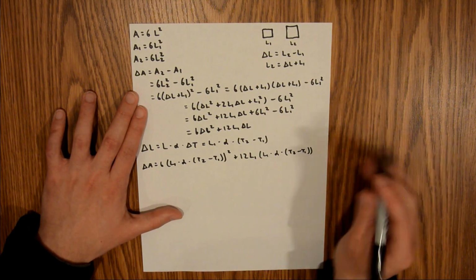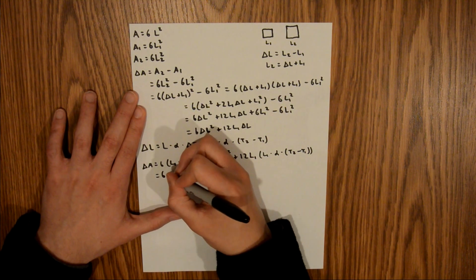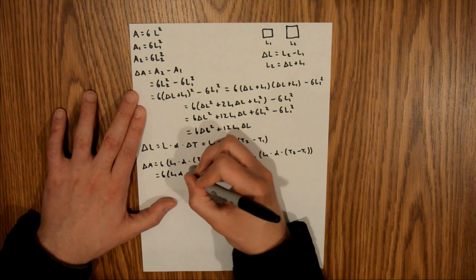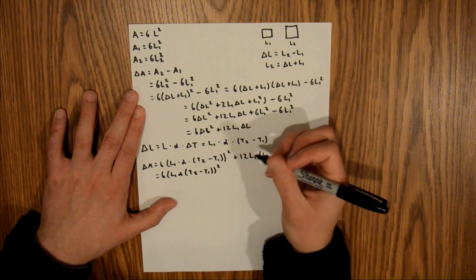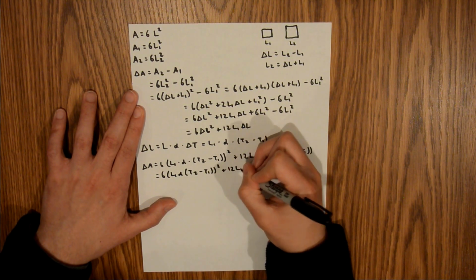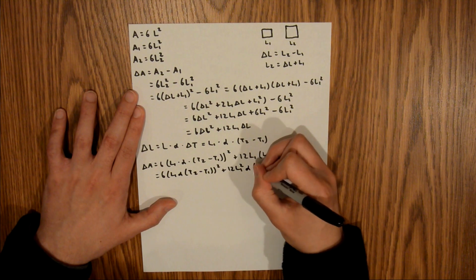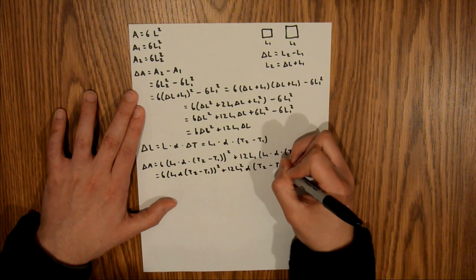And just to simplify it a little more, we have 6 L1 alpha T2 minus T1 squared plus 12 L1 squared alpha T2 minus T1.